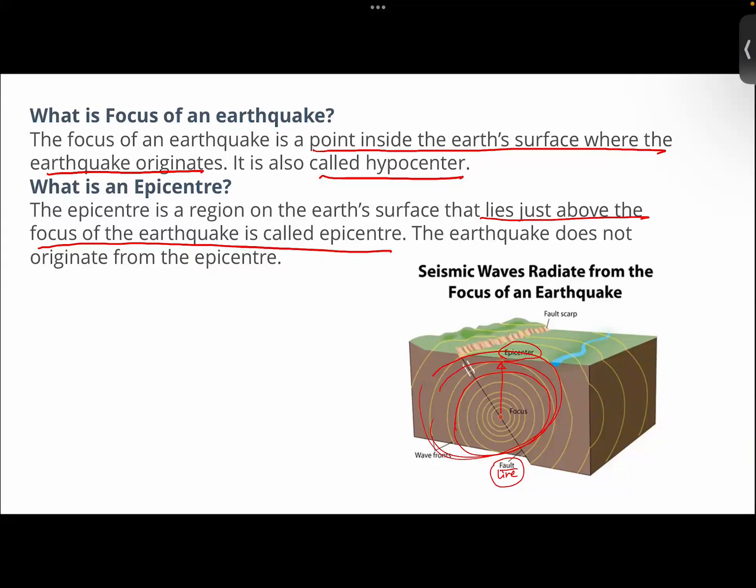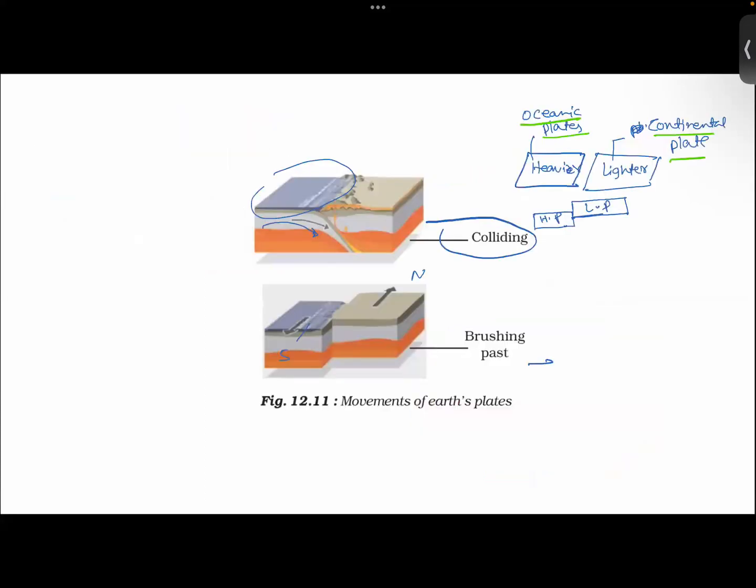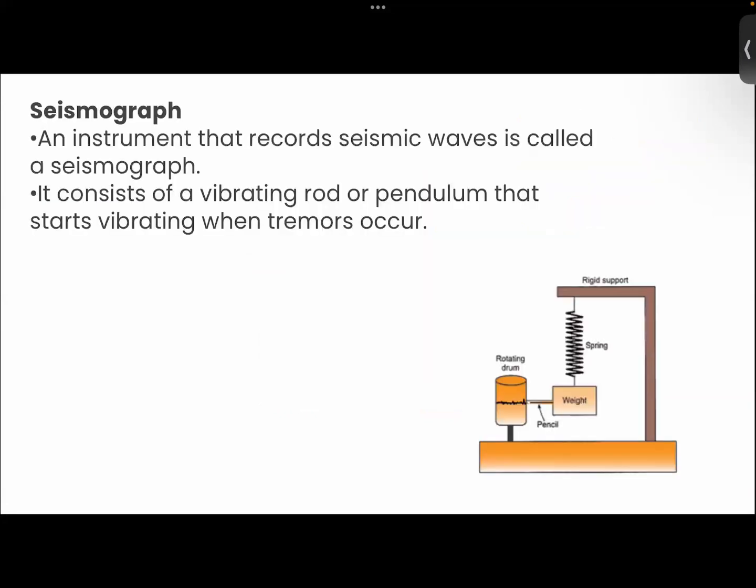From which one does the earthquake originate, epicenter or hypocenter? The focus. Focus or hypocenter, both are the same thing. Hypocenter is another name for focus. Okay, shall we move ahead then? So we discussed this one.